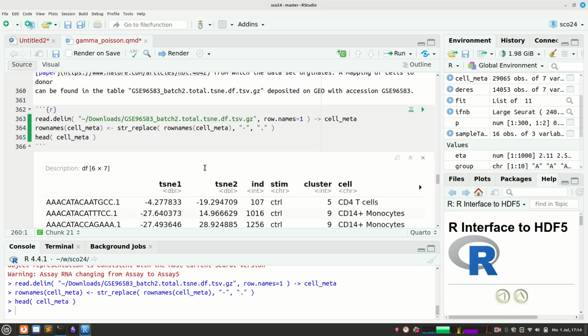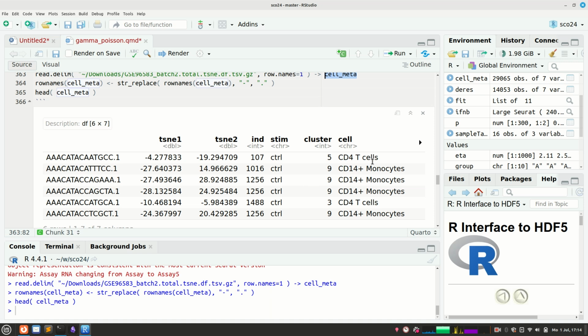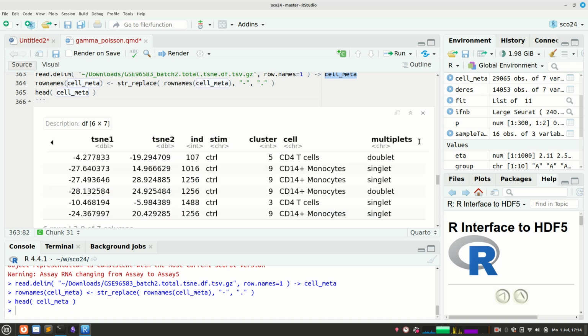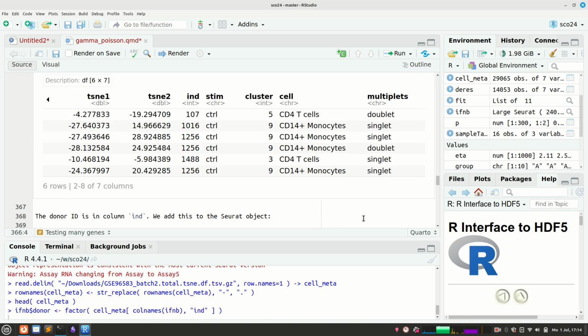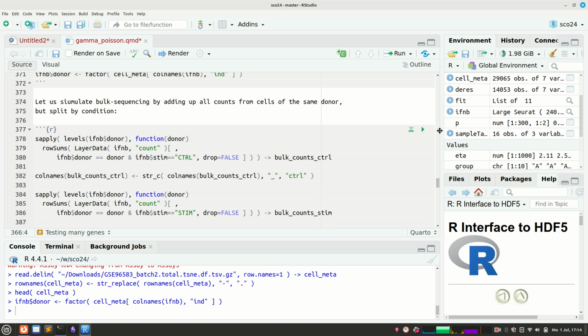Then I found this other table, which I found somewhere else, which tells us for each cell which donor it was taken from, which individual, some strange individual numbers. And I add this to our data set.